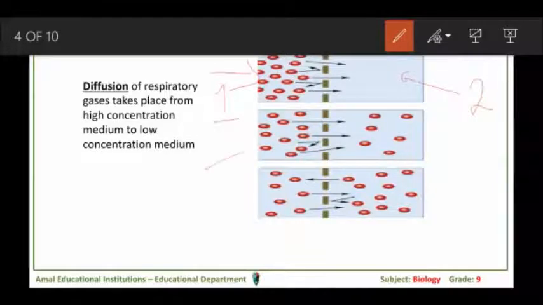So, let's see here what happened. Oxygen gas diffuses from medium 1 to medium 2. So, diffusion of respiratory gases takes place from high concentration medium, which is medium 1, to low concentration medium, which is medium 2. Notice here, when medium 2 becomes rich and medium 1 becomes poor, then oxygen particles diffuse again from medium 2 to medium 1.